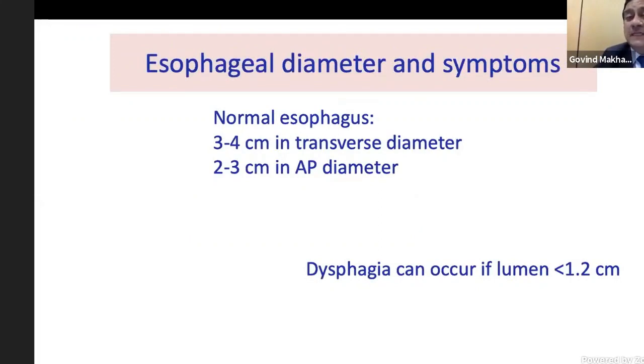We also know that the esophageal lumen is about 3 to 4 centimeters in transverse diameter and about 2 to 3 centimeters in AP diameter. Dysphagia will occur only once the diameter goes down to less than 1.5 centimeters. It means that until then, they may not have an esophageal symptom where we can suspect an esophageal disorder. It's very important to remember this fact.